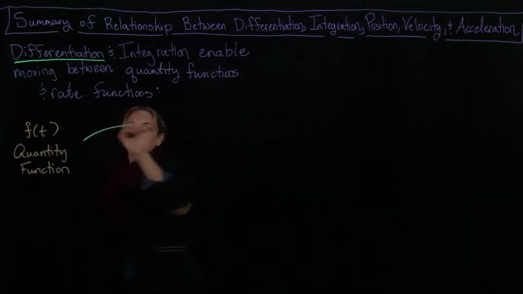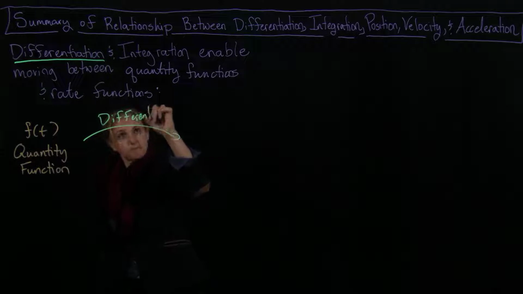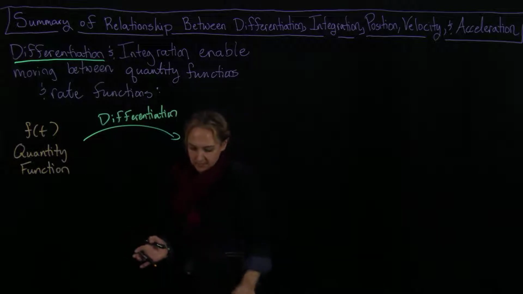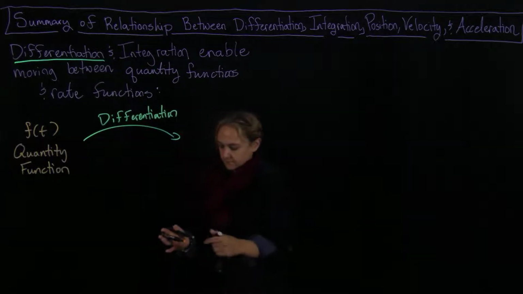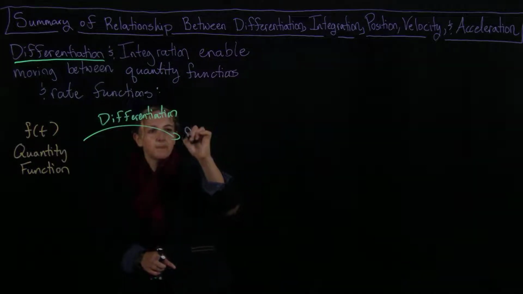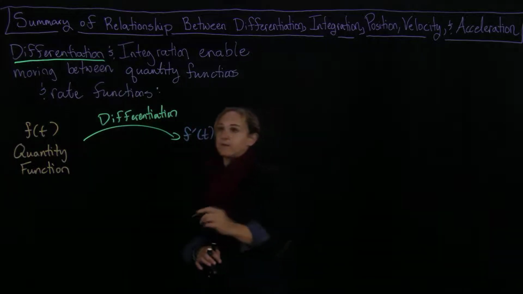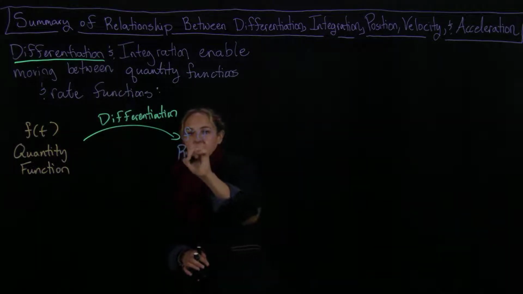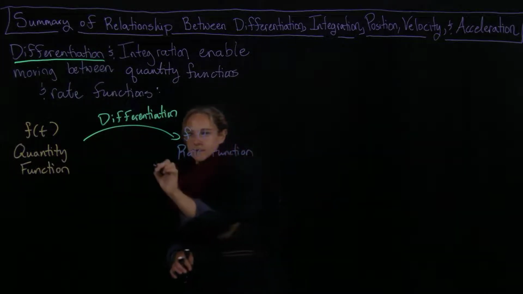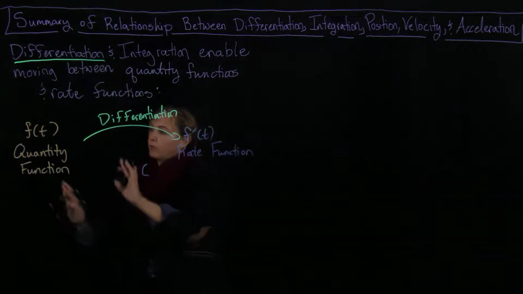If you differentiate that, what happens is, and it has a certain notation, I'm going to differentiate that and end up with f prime of t. It's going to be a rate function, giving the rate of change of f with respect to t.